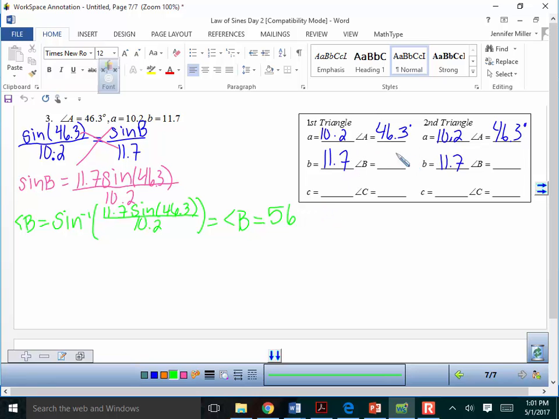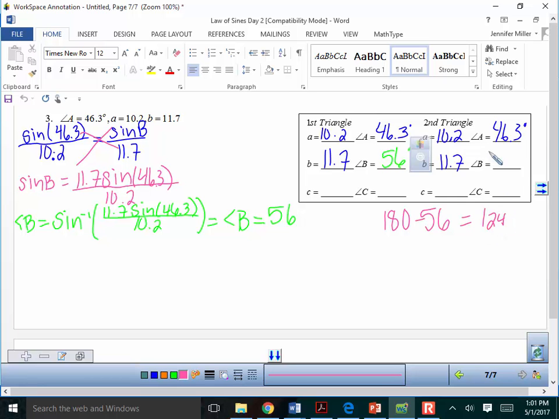Yes, thank you. So if this is 56, this is the point where we have to decide, do we have one or two triangles? And to do that, again, we're going to subtract the angle we just got from what number? 180. Very good. So that's 180 minus 56 degrees, and what does that give us? 124.